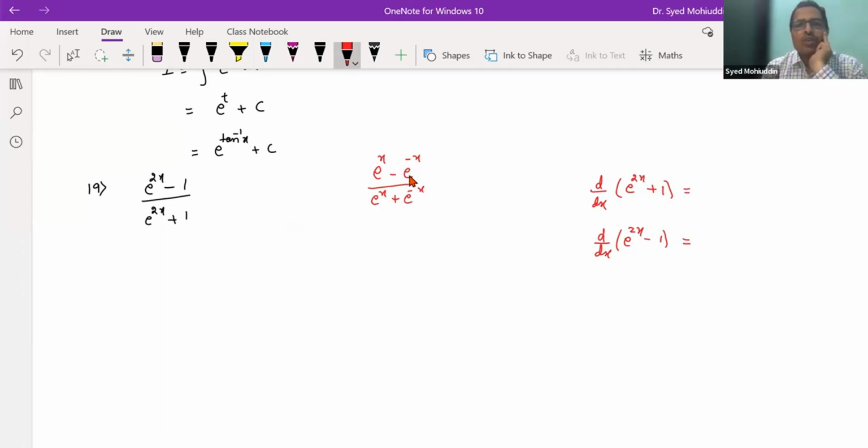Can you get it in this form or not? We have to check it. The only way to make this e power of 2x into e power of x is dividing by e power of x. So one way of solving is to divide the numerator and denominator by e power of x.